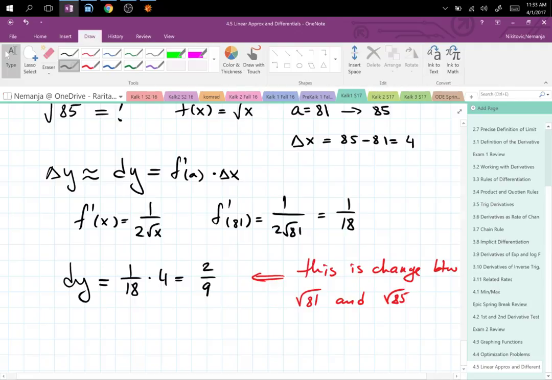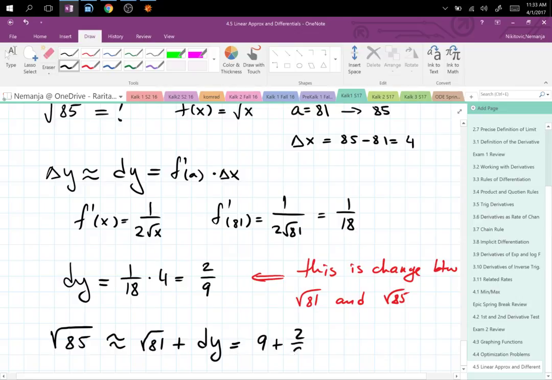So I hope it's clear and it's common sense to say that square root of 85 will be approximated by square root of 81 plus this dy change. So that's 9 plus 2 over 9, which is about 9.2222 forever. Let me find the square root of 85 in the calculator.